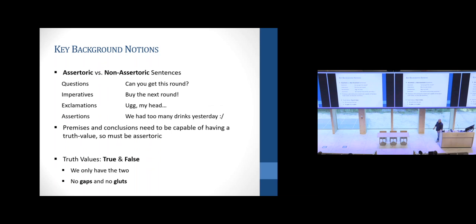Assertoric sentences assert. They make claims, claims that can be true or false. Non-assertoric sentences do not assert. They make no claims that can be assessed for truth or falsity. There's lots of different kinds of non-assertoric sentences.